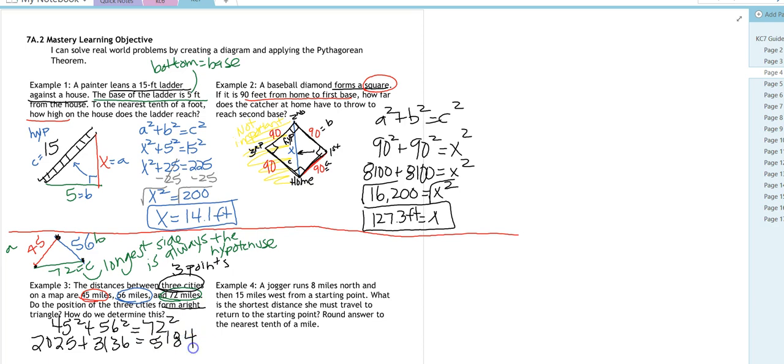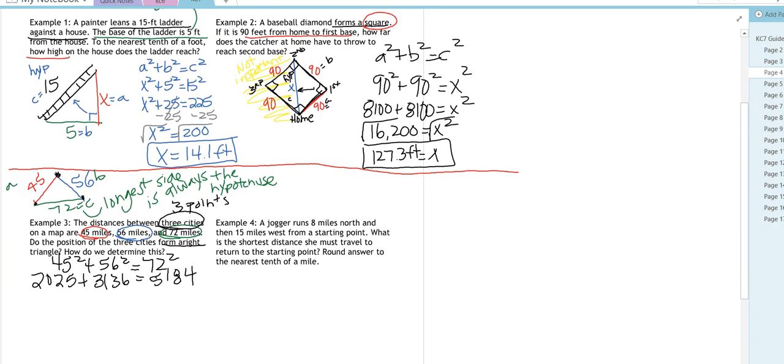5,184. So if this is a right triangle, when we add the left side at 2,025 and 3,136, it should equal 5,184. However, when we add it, let's see if I can scroll now. When we add it, oh, now it's letting me scroll.